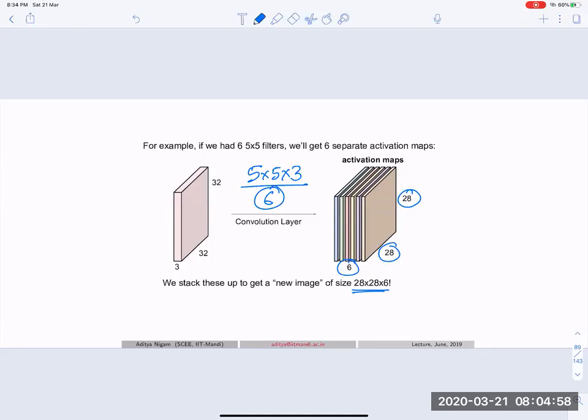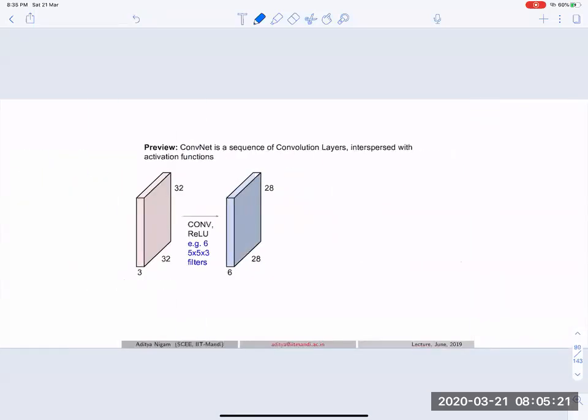That's my activation map, the response map over which I am going to apply my upcoming filters. So that's my input, my layer number 1, and the output is 28 by 28 by 6.